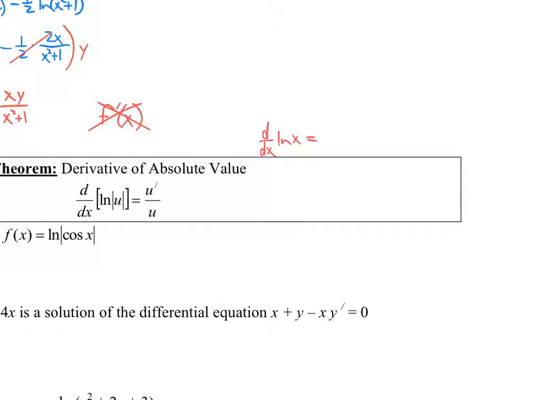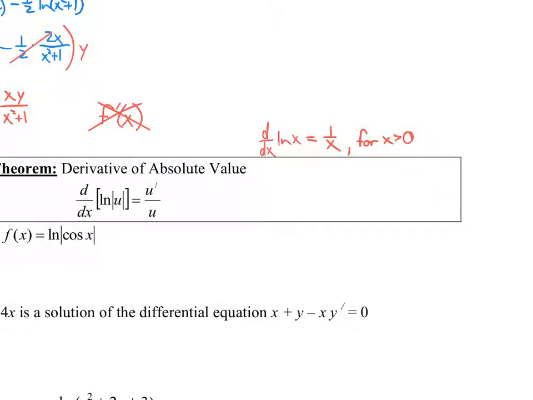Okay? We would say that that's 1 over x, but we recognize that the domain of the natural log is what? What can x equal? Anything bigger than 0, okay? So this is for x greater than 0. Okay?